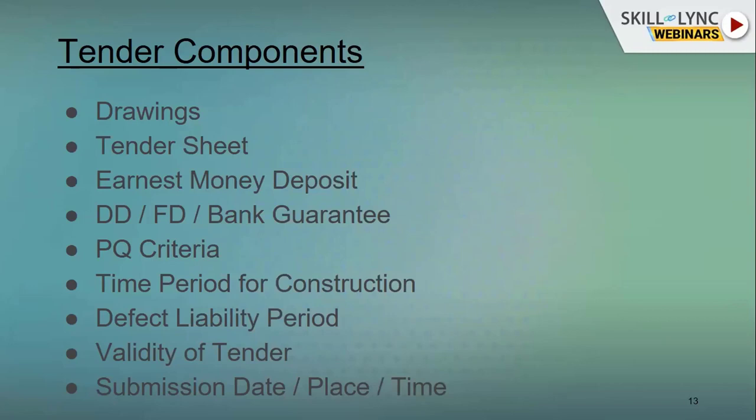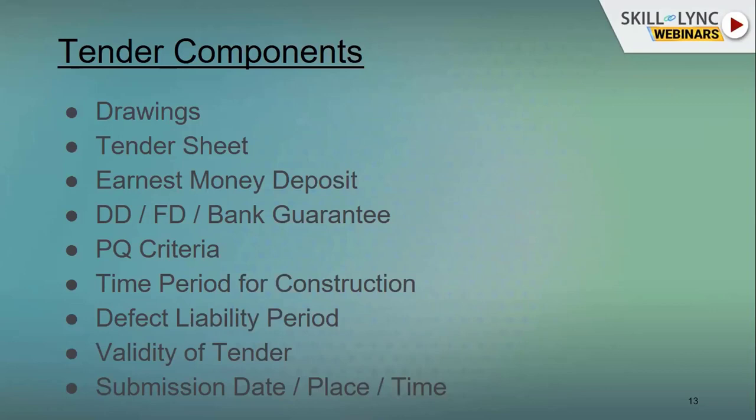Defect liability period. This is also an important part, where post completion of the work, the contractor has to provide a defect liability period to the owner or employer. Generally, the defect liability period for a residential project is 2 to 4 years. For any interior contract, it is 12 to 18 months.